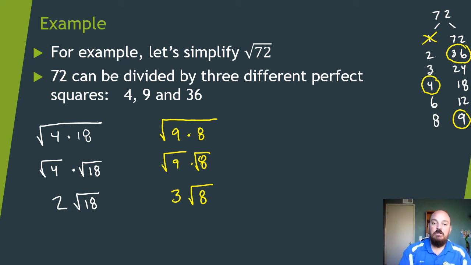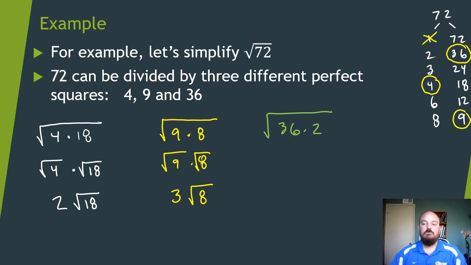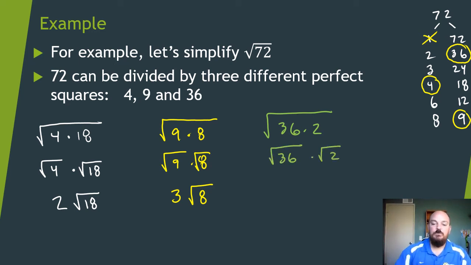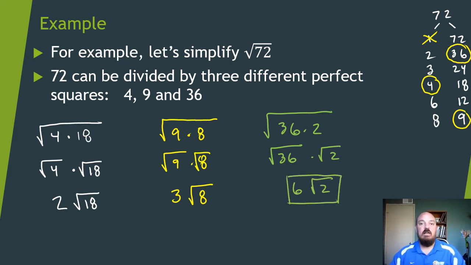Now the third way to do this, and this is going to end up being the right way to do it, would be to write it as 36 times 2. 36 times 2 is 72, 36 is the perfect square. So I split that one up, square root of 36 times the square root of 2, and then I say the square root of 36 is 6, that's my perfect square. So I get 6 radical 2, which is the correct answer.